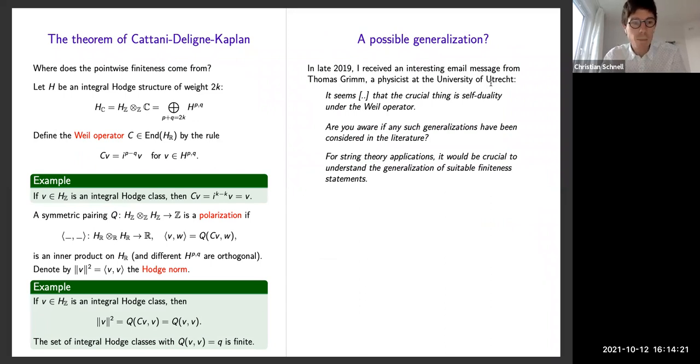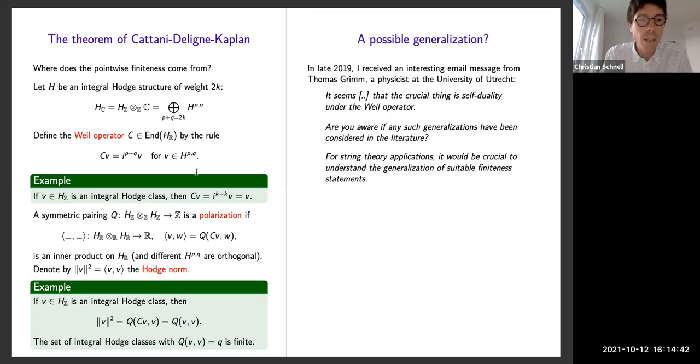And so he said, so, I know that you mostly work with Hodge modules and stuff, but I have some questions about some old Hodge theory paper, this paper by Cattani-Deligne-Kaplan, because I'm working on some physics questions, and I'm interested in something more general than Hodge classes, some classes called self-dual classes.